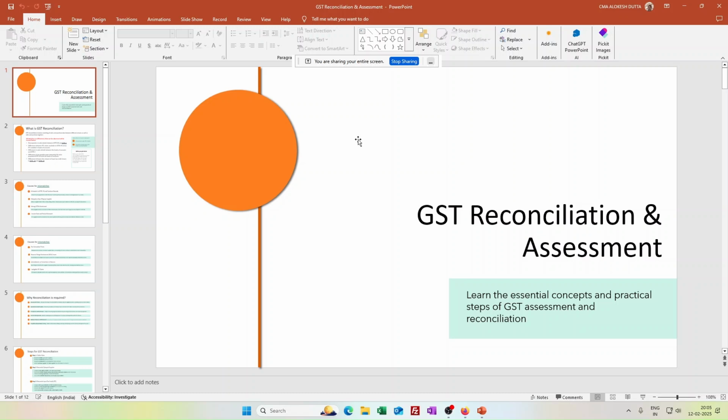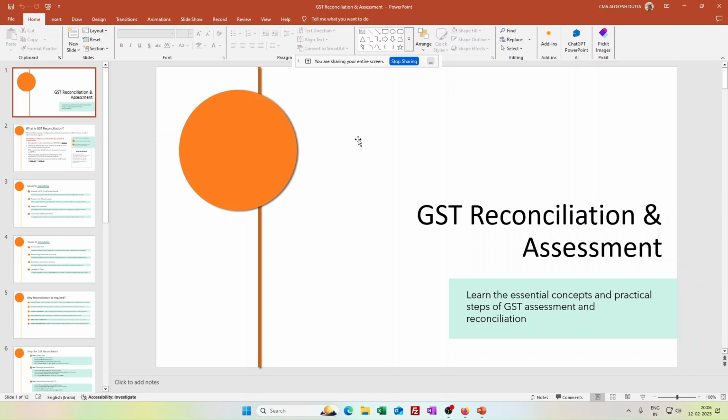What is the meaning of reconciliation assessment? After filing of GST return each and every month or quarterly, whatever the case may be, at the year end, whether it is compulsory for you or not, because up to 2 crore, the annual return of GST is not compulsory.